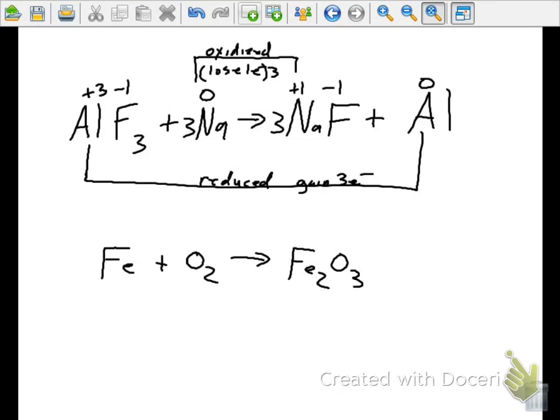So again, if I was writing the individual ones on this one, what's oxidized and reduced, I would say Al plus 3 is reduced. And Na is oxidized on that one prior.